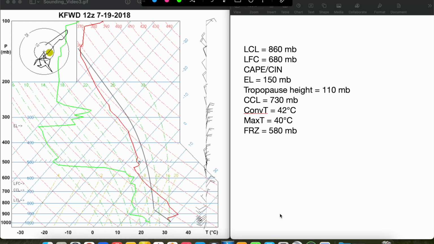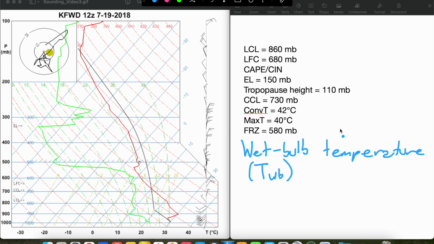All right, the next variable we're going to discuss is one that's not really used a whole lot, but it is used to determine some of the parameters we're going to talk about shortly, and that is the wet bulb temperature, abbreviated as T sub W or T sub WB. The wet bulb temperature is basically the temperature to which a parcel of air at a constant pressure cools through the evaporation of water into it. Generally the wet bulb temperature is measured on this thermometer.